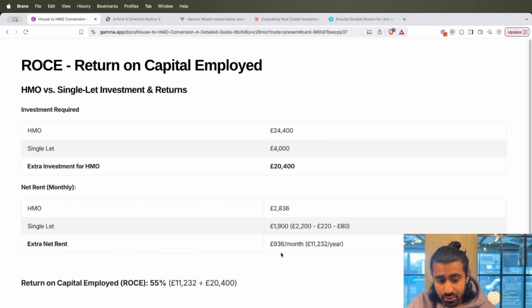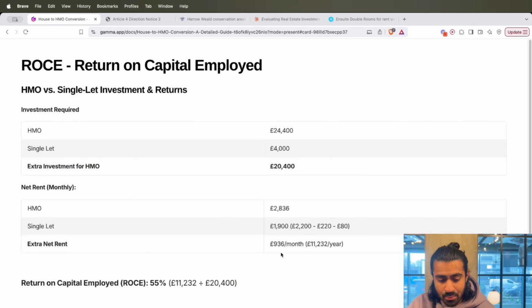In comparison, investing to turn the property into a HMO was £24,400, and the net rent is £2,836. So the extra investment is £20,400, and the extra rent is £936 per month.